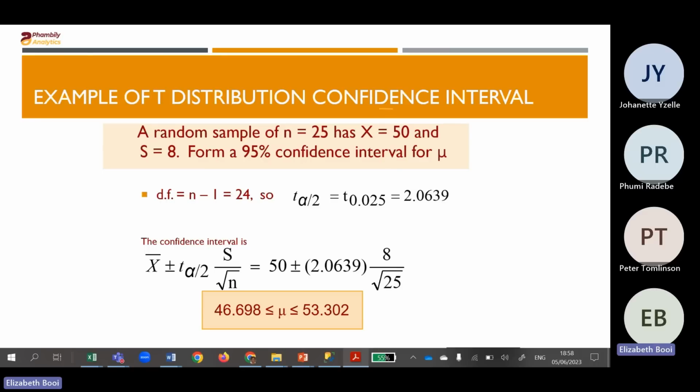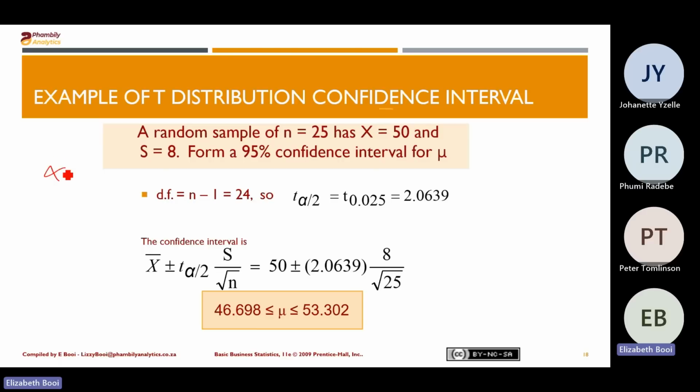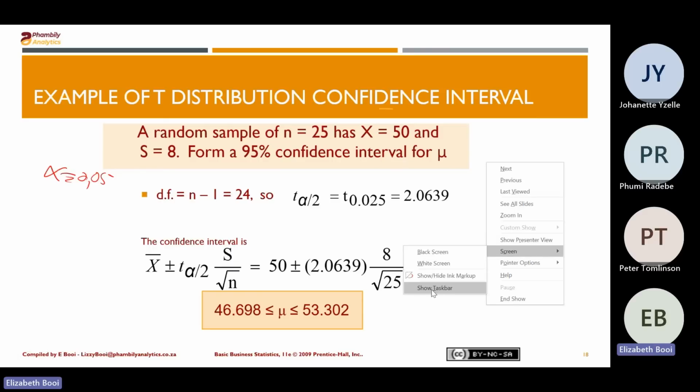So our degrees of freedom, it's n minus 1. So our n is 25. So it will be 25 minus 1, which is equal to 24. Our alpha, the 95% confidence interval, so therefore, our alpha will be 0,05. We divide 0,05, we get 0,025. Our T critical value will be found by using 0,025 and a degrees of freedom of 24. So let's go find that critical value on the table and not rely just on the answer that I have.